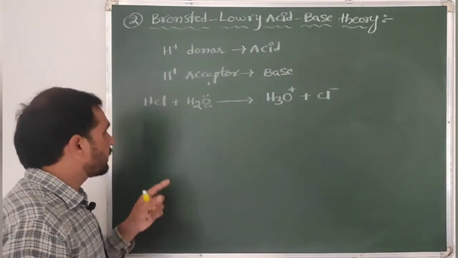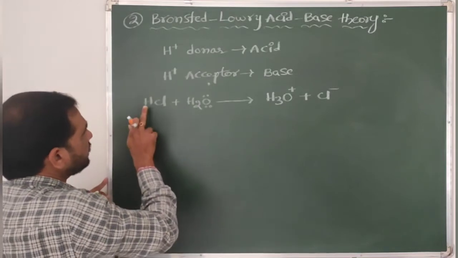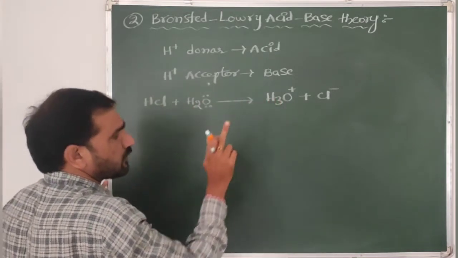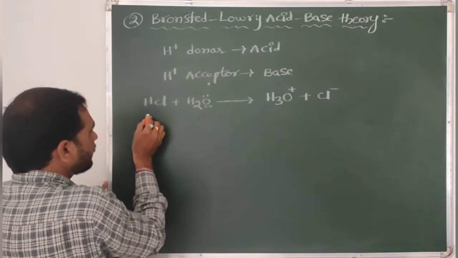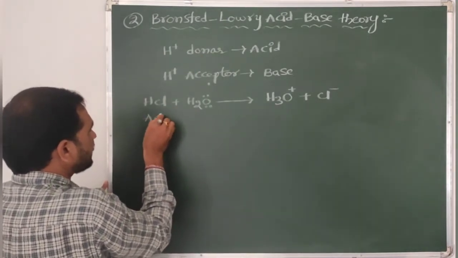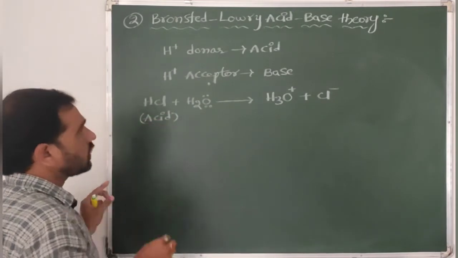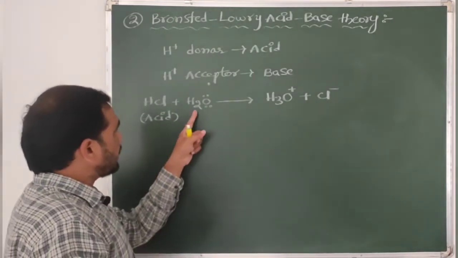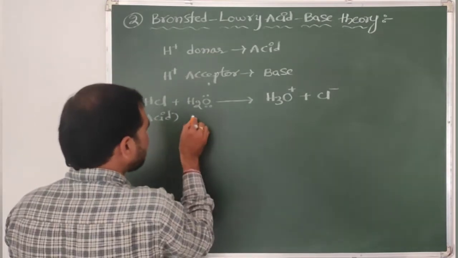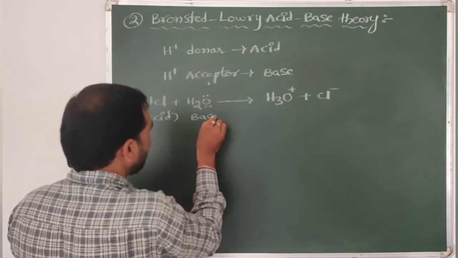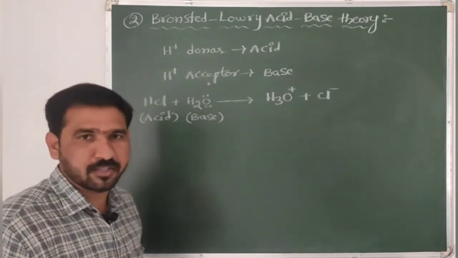Here HCl produces the proton, so it is a proton donor, therefore an acid, a Bronsted-Lowry acid. And H2O accepted the proton from HCl, so it is a Bronsted-Lowry base.